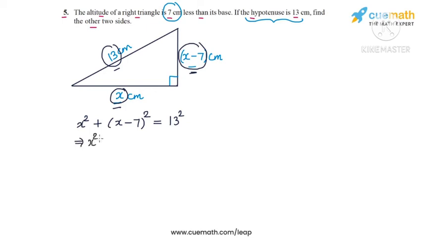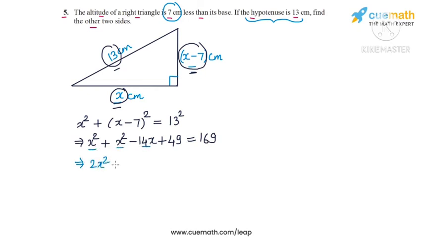So we get x square plus the square of this binomial, which will be x square minus 14x plus 49, and this is equal to 13 square or 169. Now let's collect the terms. So we get x square and x square, that's 2x square.